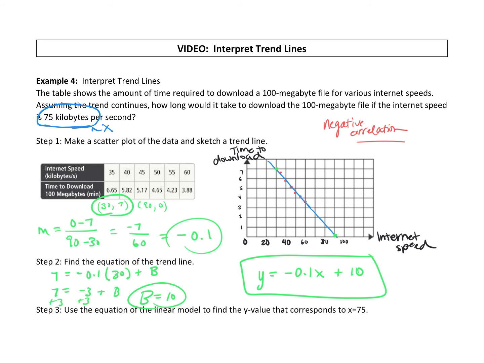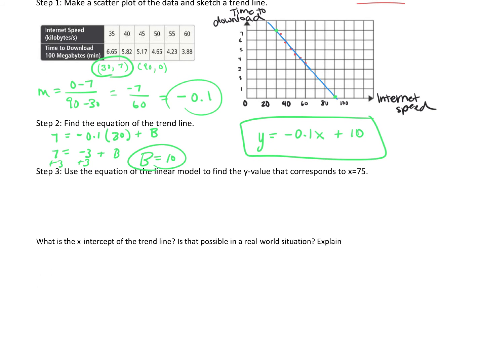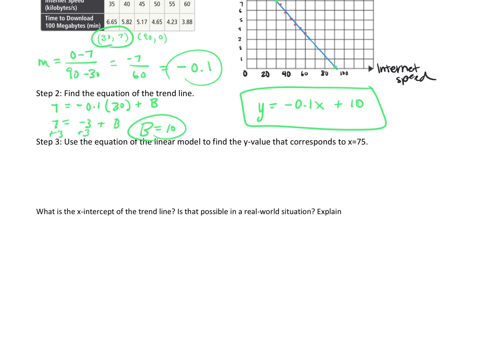That is an X value. So all that we do is we have a line, a trend line, and so we can use this as a prediction tool. We can use our y equals negative 0.1x plus 10, and let's plug in x equals 75 so we can predict how long it will take to download something at that internet speed.